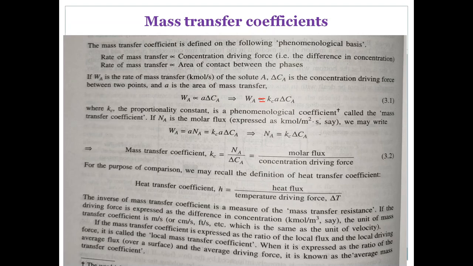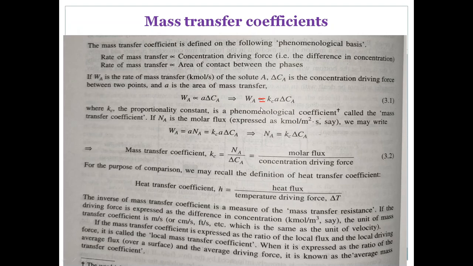Similarly, you have the heat transfer coefficient also. Now, W is the rate in kilomole per second, and NA is the flux in kilomole per meter square second. So WA equals A into NA, because A is the area in meter square and the flux is kilomole per meter square second, so it will be kilomole per second.